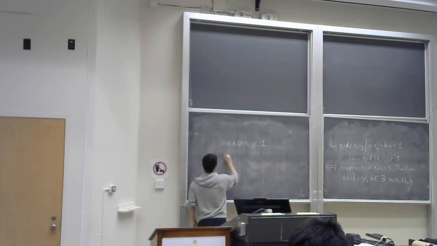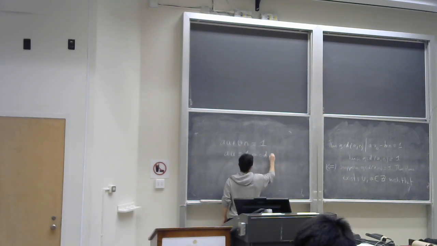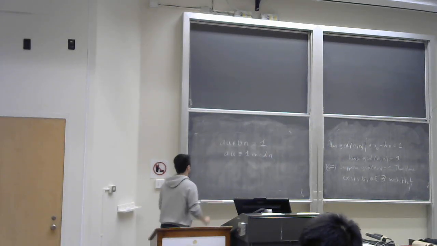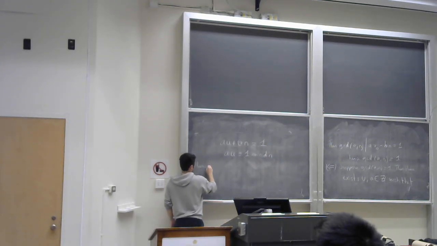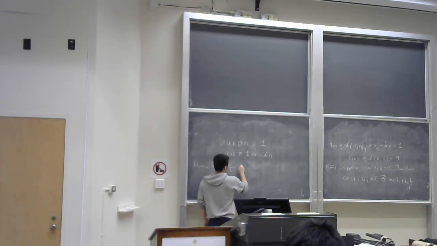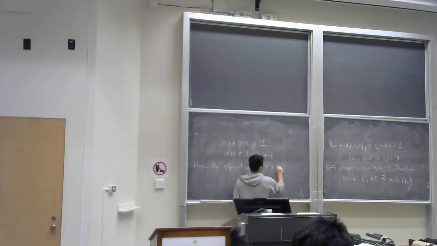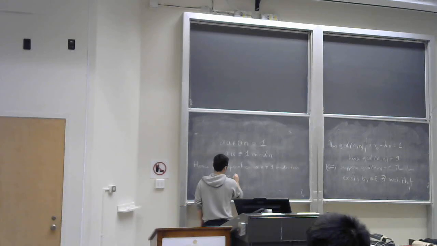What do you get? You get that au is congruent to 1 modulo n. Hence, the equation ax is congruent to 1 mod n has a solution.